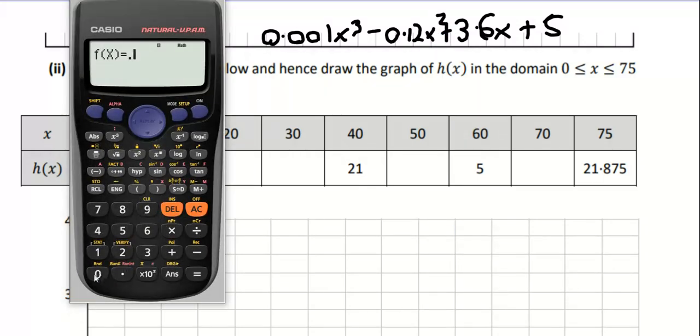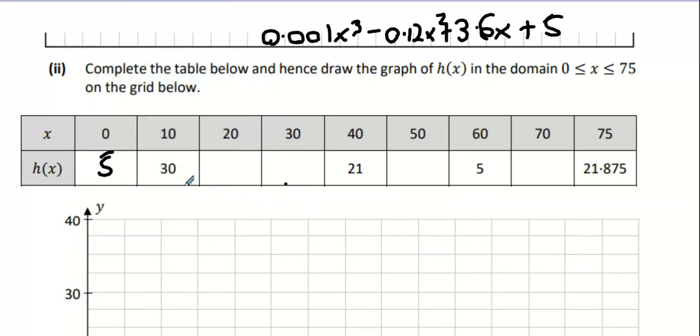And I was very fortunate that I could check the second one being 30. Plus 3.6x plus 5. Okay, start again. This time the second one's 30.